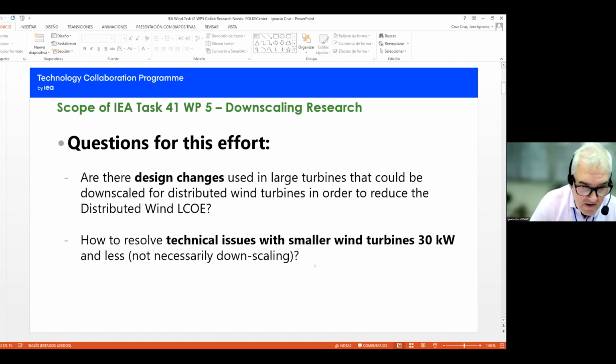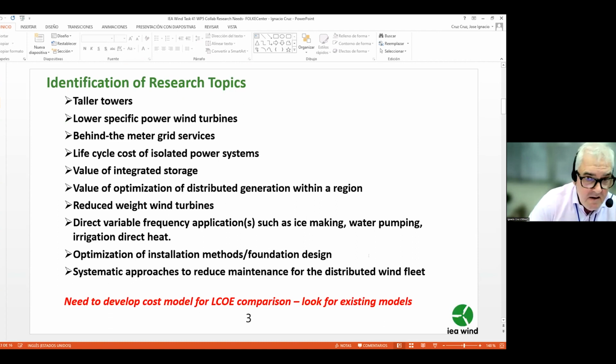Another question is how to resolve technical issues with smaller wind turbines, below 30 kilowatts, maybe where downscaling is not necessary. Those are the research topics, the ideas.